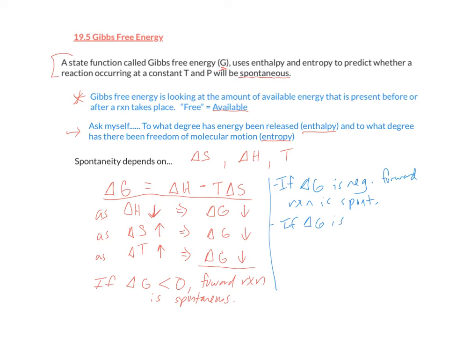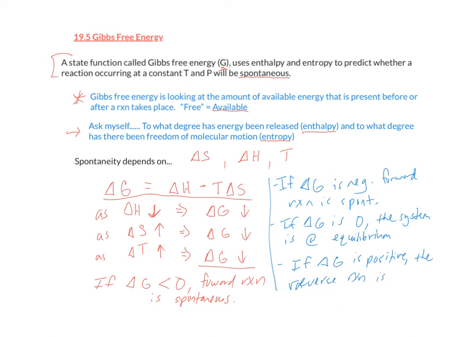If delta G is 0, the system is at equilibrium. If delta G is positive, you guessed it, the reverse reaction is spontaneous.